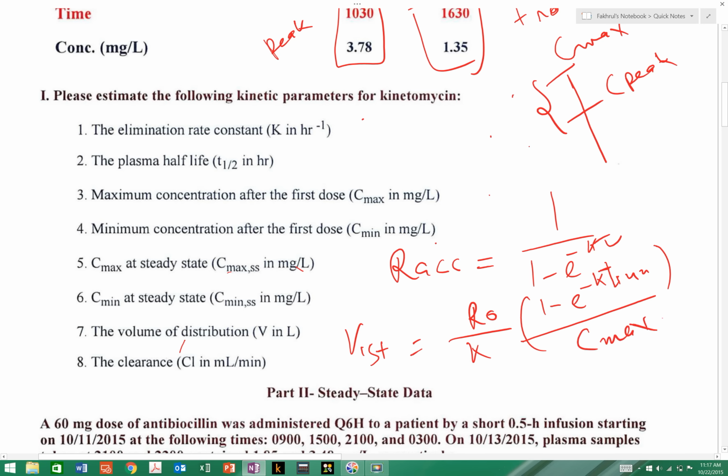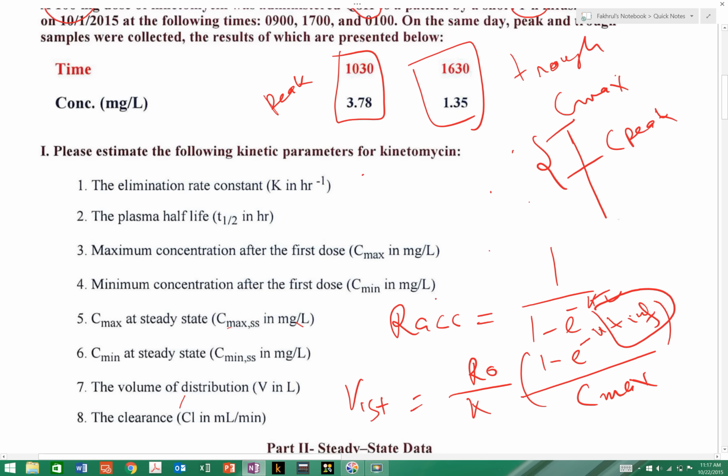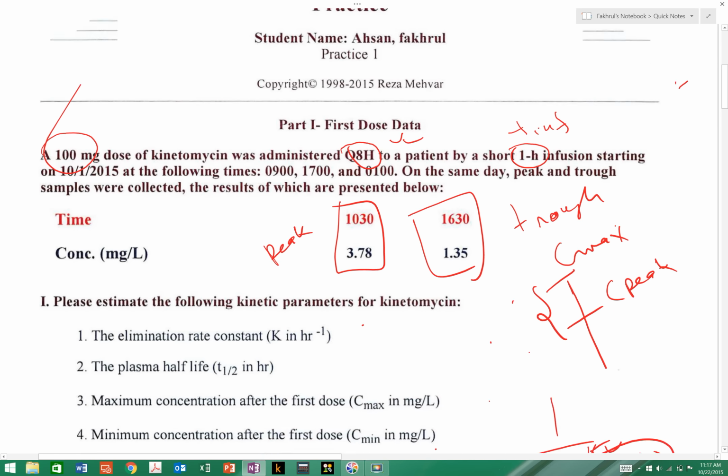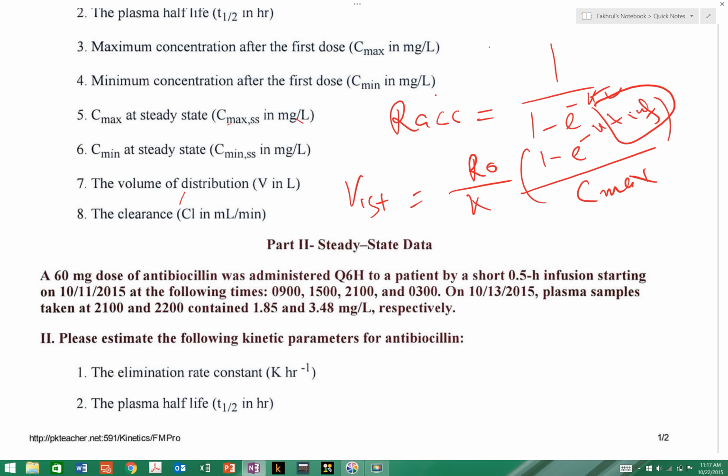Remember, I'll write it again, negative K T infusion. It is not tau, it is not delta T, it is not T trough minus T peak. This is the infusion time, and it is easy to find out from the problem. It will be 30 minutes, 40 minutes. If it's 30 minutes, you convert it to 0.5. So once you know these things, they are easy to calculate.